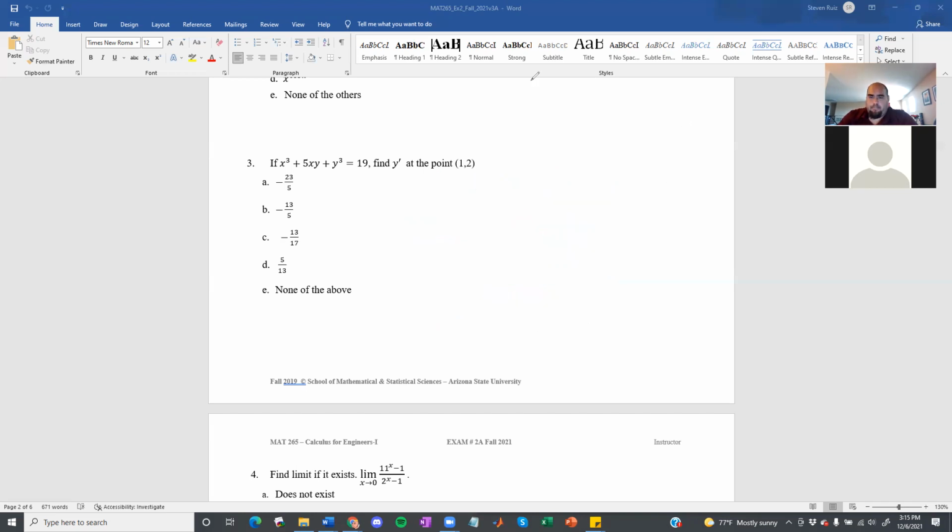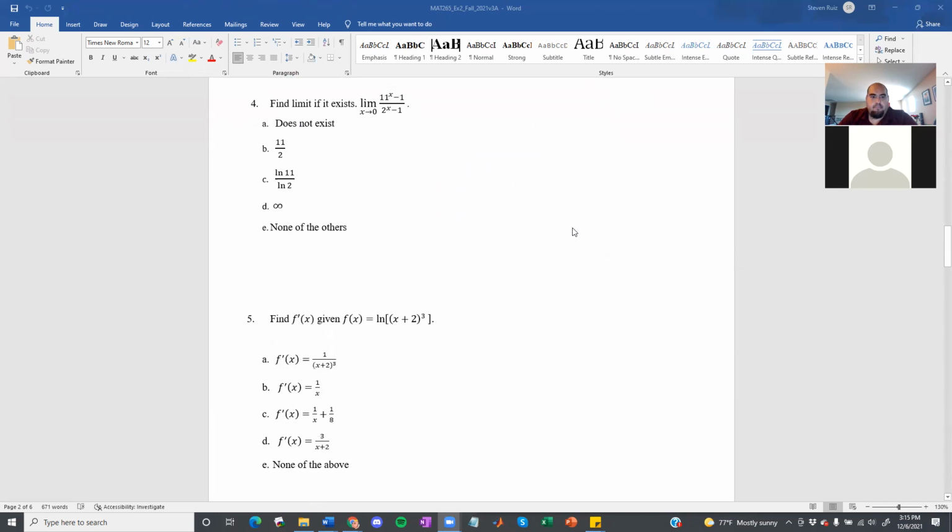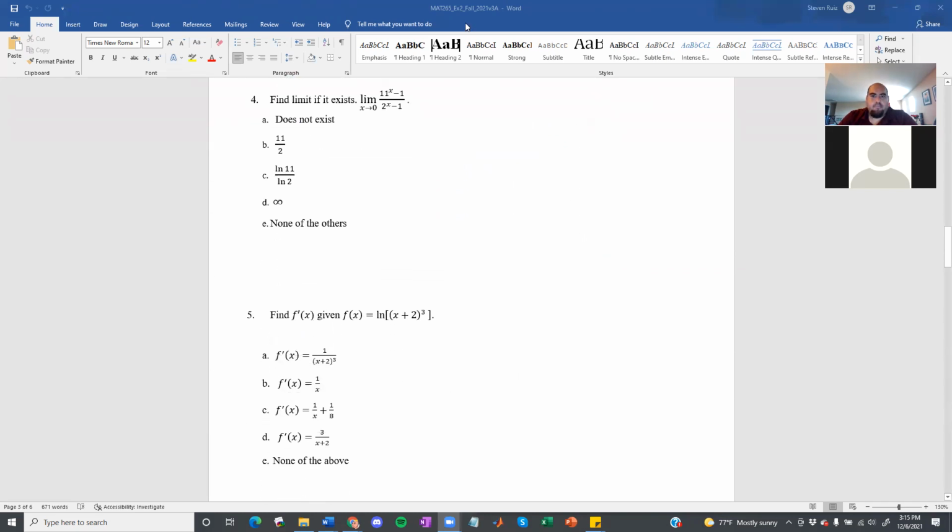Cool. And then for number 4, find the limit if it exists, of (11^x minus 1) over (2^x minus 1) as x goes to 0. So then we're going to do natural log. Natural log of all of that, if I'm not mistaken, right? So let's say y is equal to this limit.